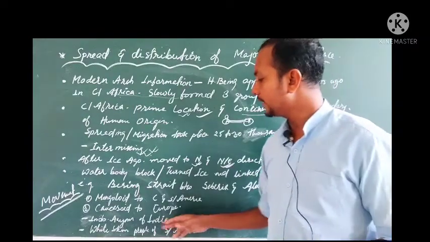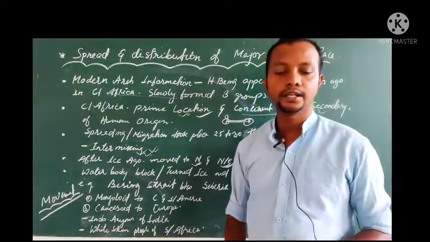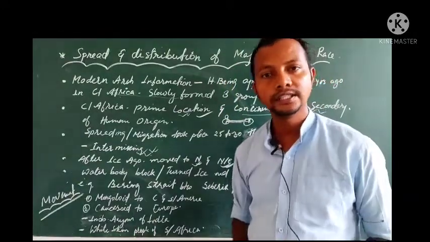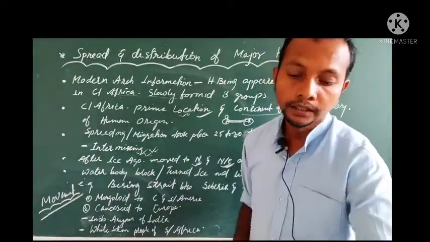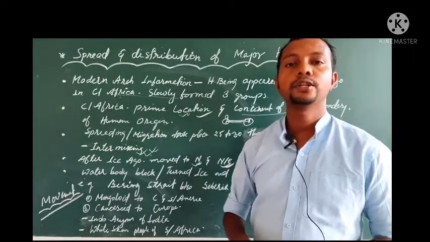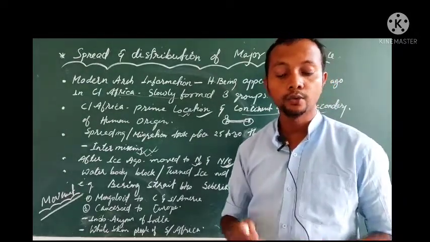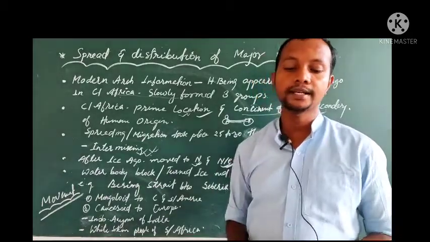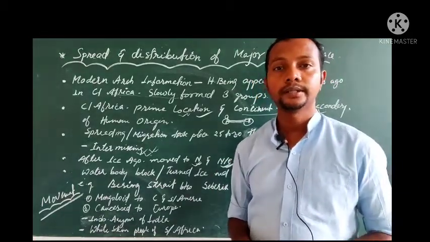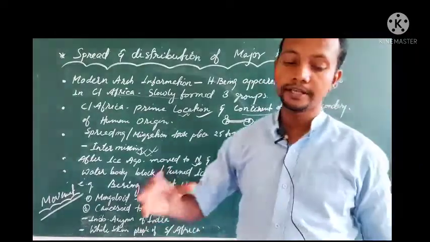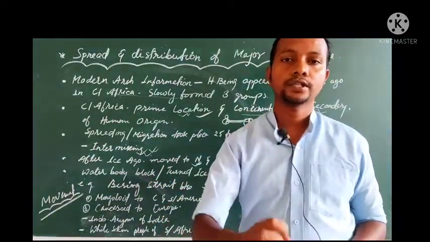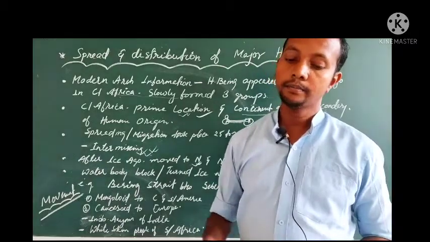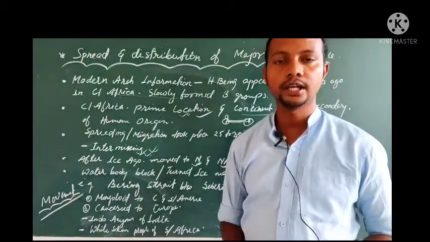Now in India, the Indo-Aryan people we see actually belong to the Mediterranean group of Caucasoids who migrated. These Indo-Aryans were of the Mediterranean group of Caucasoids, and they migrated from South Europe.